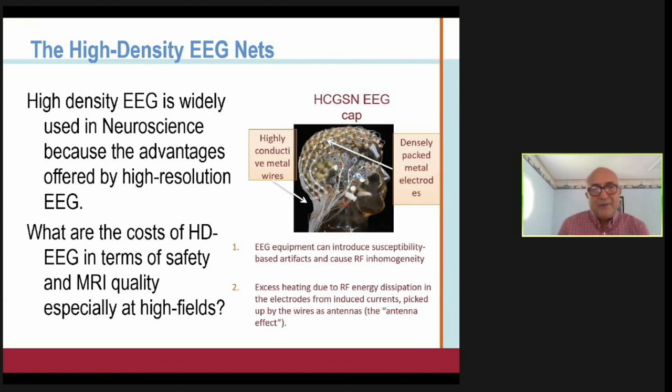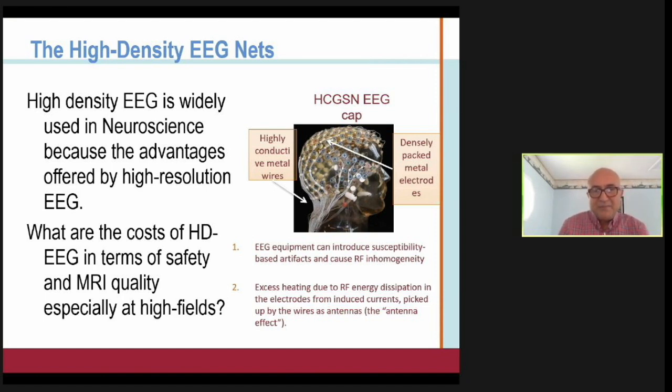The high-density EEG nets are widely used in neuroscience because of the very high spatial resolution that can be acquired through EEG. But we wonder what the effects are in terms of safety and MRI quality at very high fields.